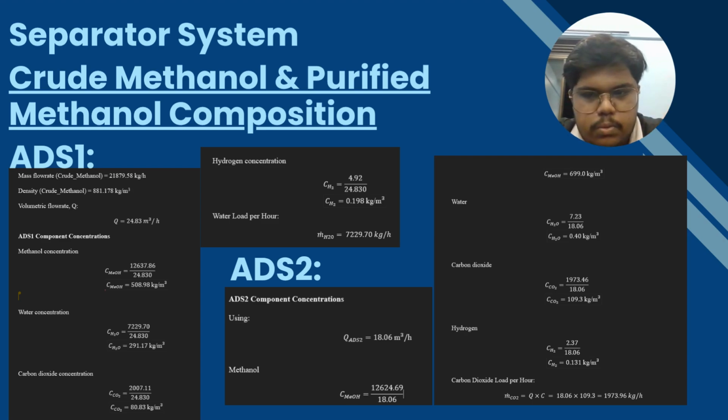In ADS2, the remaining carbon dioxide concentration is approximately 109.3 kilograms per cubic meter, corresponding to a carbon dioxide load of around 1,973.46 kilograms per hour. So these calculated component loads are then used to estimate the adsorbent requirements for both adsorption columns. Thank you very much. I'll pass it to Warren.